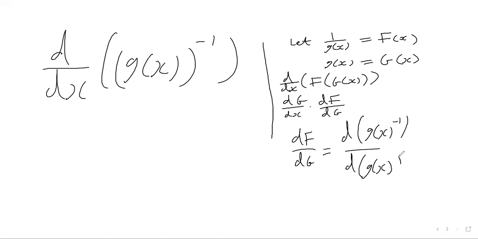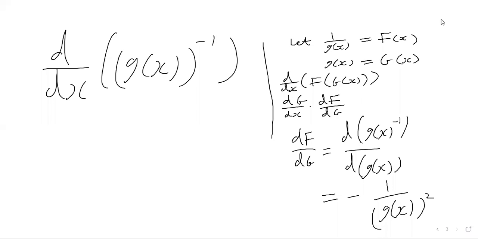That's essentially exactly the same as differentiating 1 over x with respect to x, which gives negative 1 over x squared. But in this case, because we're dealing with g of x, it's going to be 1 over g of x all squared. So that's our df by dg bit done.